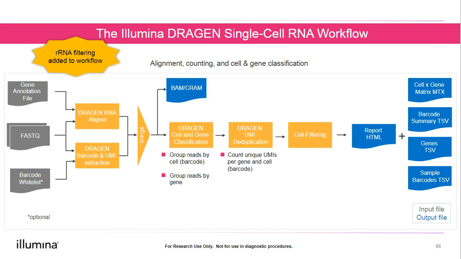The tagged alignments are then written to a BAM or CRAM, and the cell gene classification and deduplication steps will occur. The cell filtering will filter out all the cell barcodes that likely do not correspond to real cells based on the UMI counts per cell barcode. And finally, it will output the report.html.